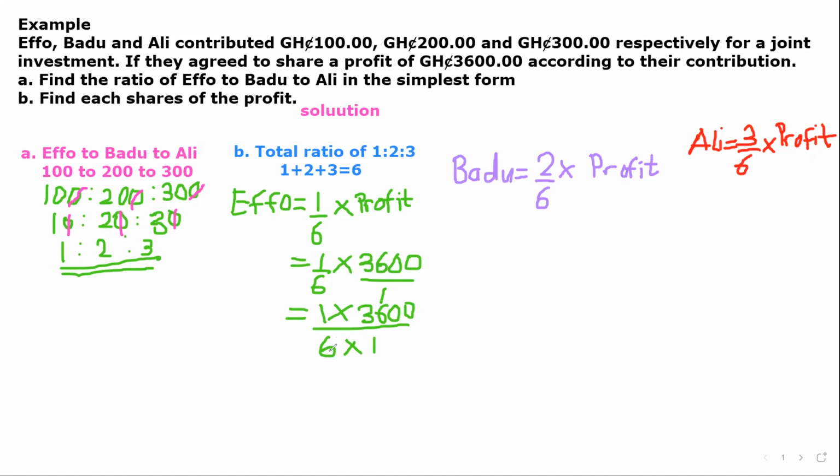Then you do your cancellation. 6 goes into 3,600. Let's use long division to solve this one. We have 6 here, and then sharing 3,600. Okay.